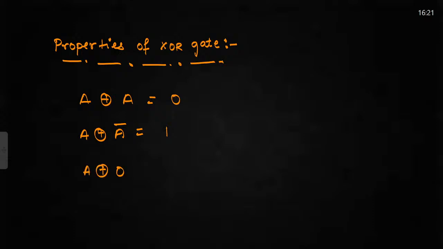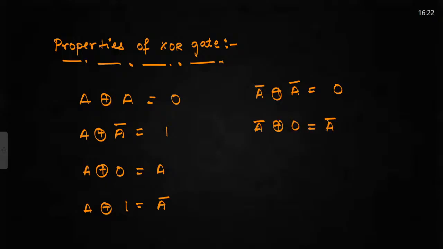A XOR 0: if one input is 0, then it will depend on the other input. So, A XOR 1 will always equal A bar. And A bar XOR 0 will be equal to A bar. So A bar XOR 1 will equal A, and A bar XOR A bar will equal 0.